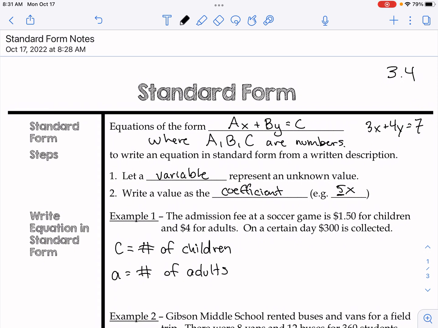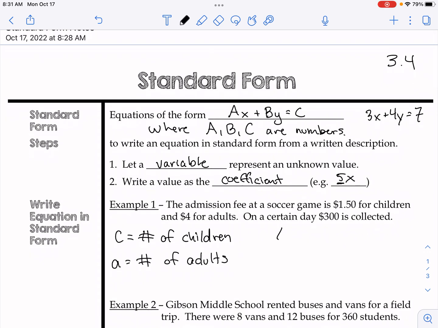Number of adults. Okay. So if in standard form it's this, an equation that could model this is, let's say I put C right here instead of X, lowercase c. Now, the value for each child is $1.50, so I'm going to put 1.5 instead of 1.50.